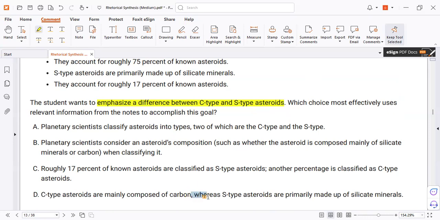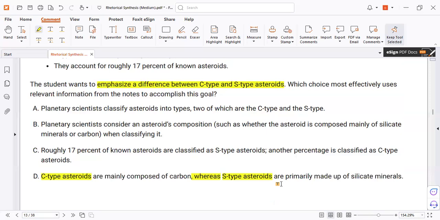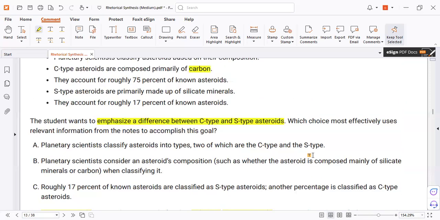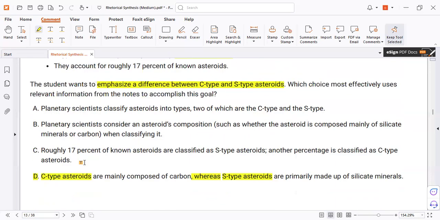Look. "Whereas" again. Do we have both? Yes. Look. Now check. Is this one mainly composed of carbon? Go to C type quickly. Yes. To the second, just check the truth. It is silica, silicate. So it's correct. And we have comparison. So it's letter D. Catch it?